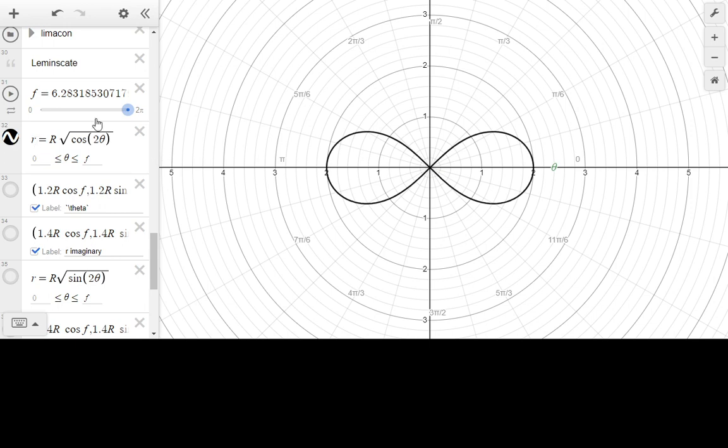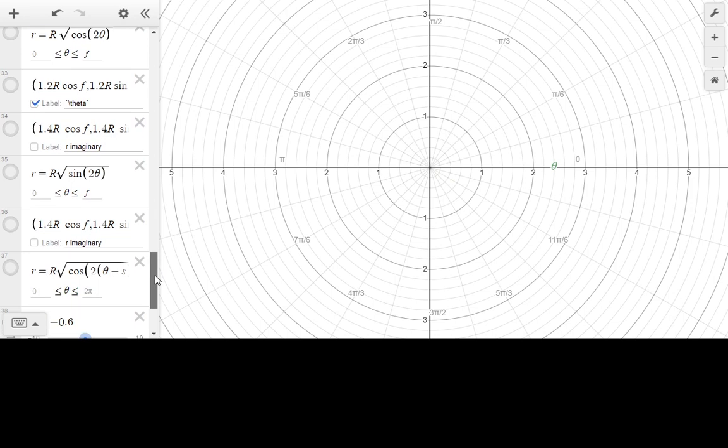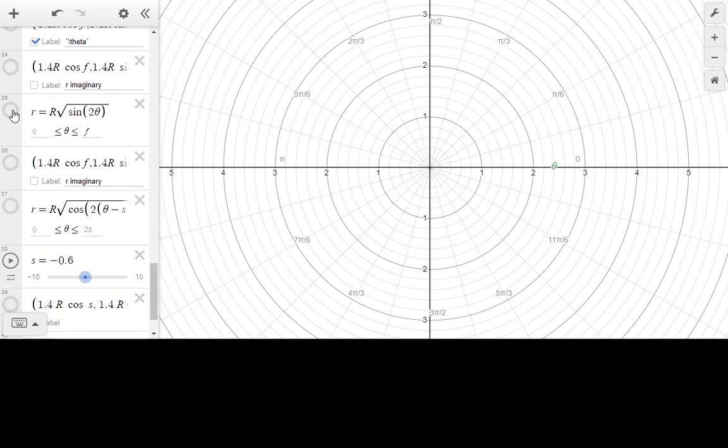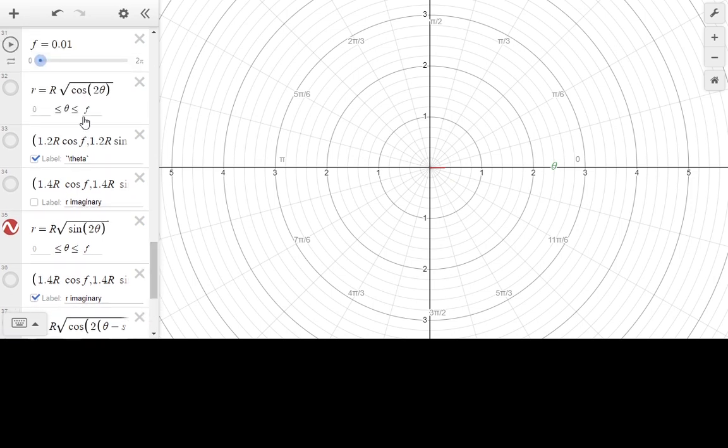Now let's go ahead and do some other examples. So I am going to now look at the case of the sine. Let's see what happens.